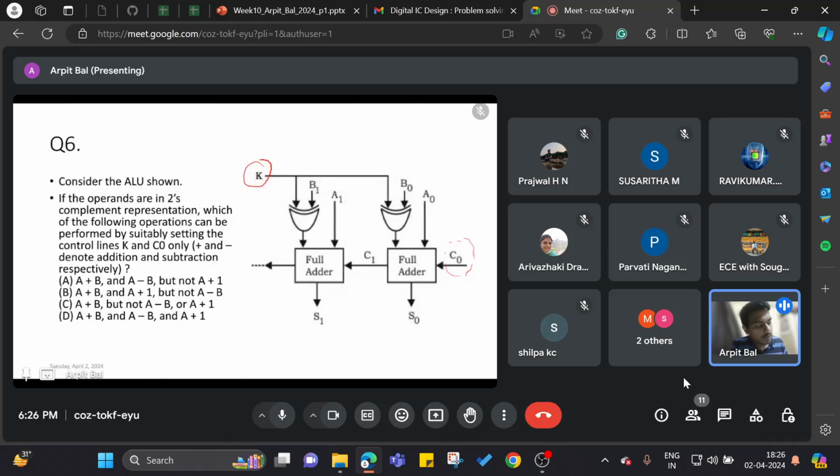Okay, so the options are given here. Anyone would like to give it a try?